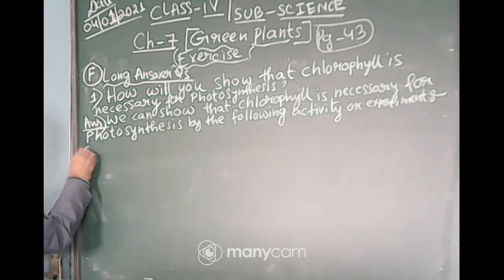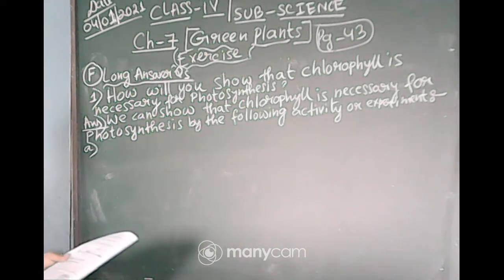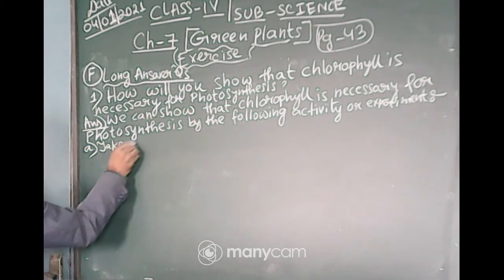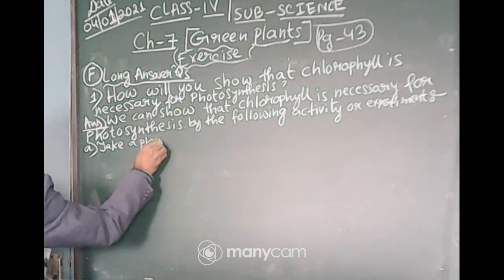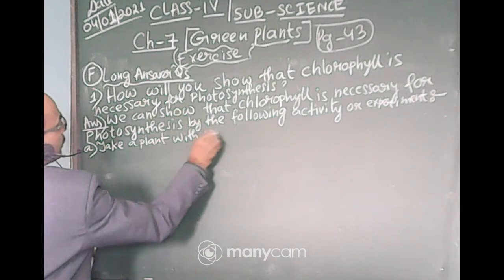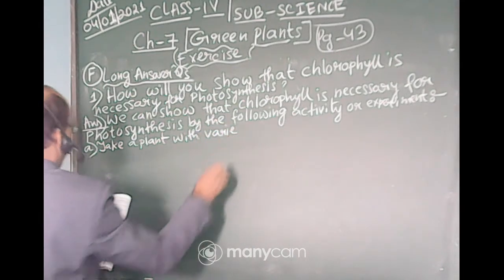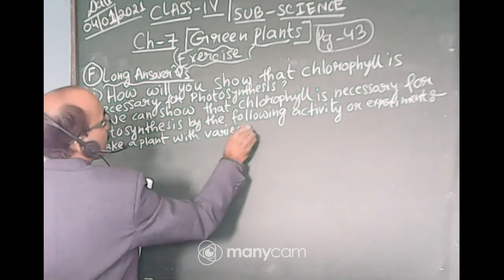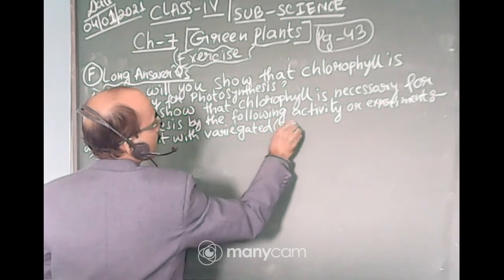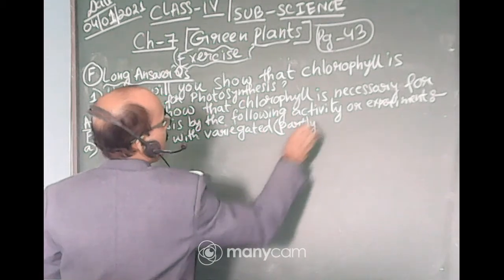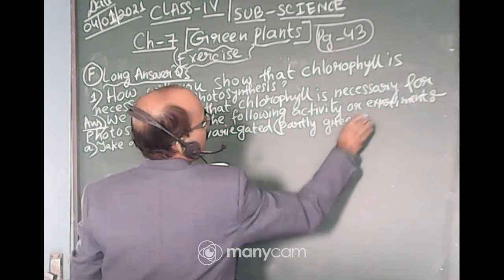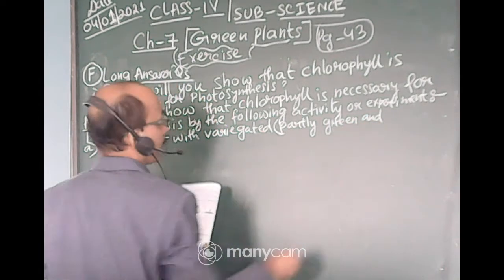Point A, point-wise we'll write the answer. Take a plant with variegated leaves, that is, partly green and partly white.